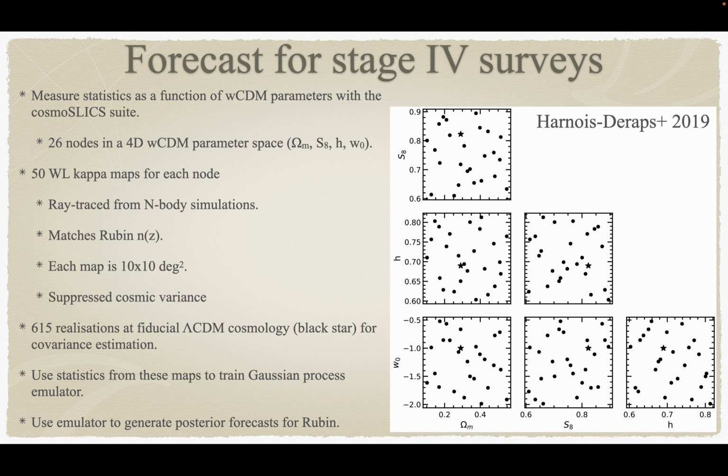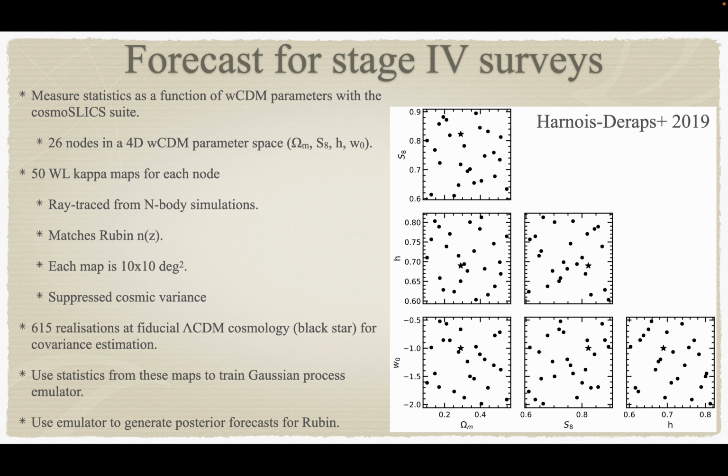For each of these nodes, we have 50 weak lensing convergence maps, which are ray traced from n-body simulations, and they match the Rubin n(z). Each map is 10 by 10 degrees squared, and we have also suppressed cosmic variance in this sample. We also have 615 realizations at a fiducial lambda CDM cosmology, shown by the black star in this Latin hypercube on the right, which we use for covariance estimation.